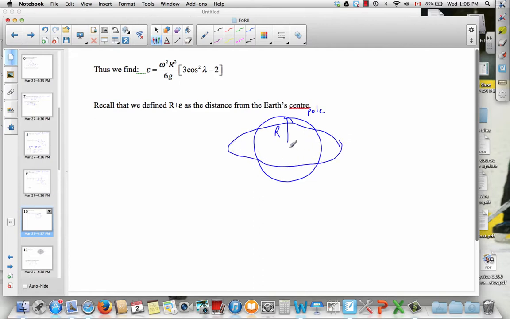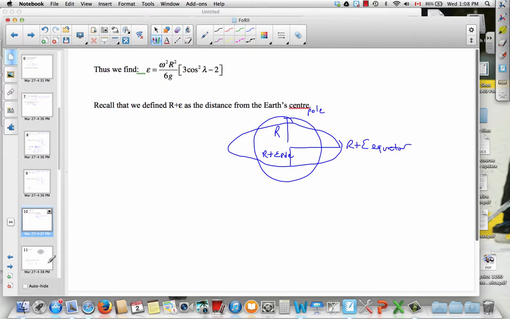So this will be r plus epsilon at the equator, and this will be r plus epsilon at the pole. And clearly epsilon at the pole will end up being a negative number, because at the pole the latitude's 90 degrees, so it's 3 times 0 minus 2. You get a negative 2 term out of the bracket. Okay, so we get a nice equatorial bulge out of this analysis, as expected.